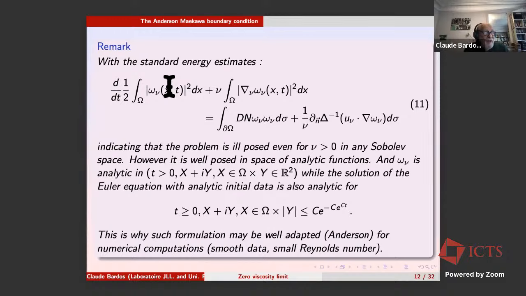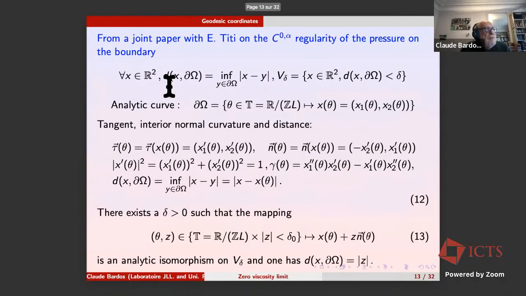It's always analytic, so it's nice for small data, for smooth data that will be approximated by analytic solutions, and very small Reynolds number, which was proposed by Maekawa. Okay, now I have to change the boundary condition. So that's the Maekawa condition that I'm going to use.